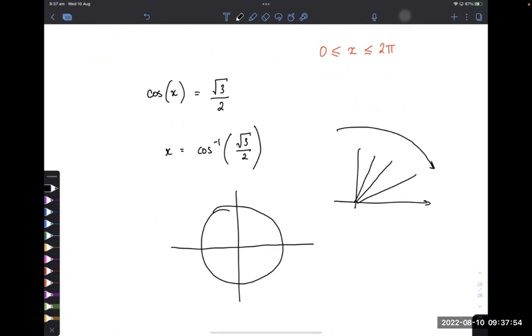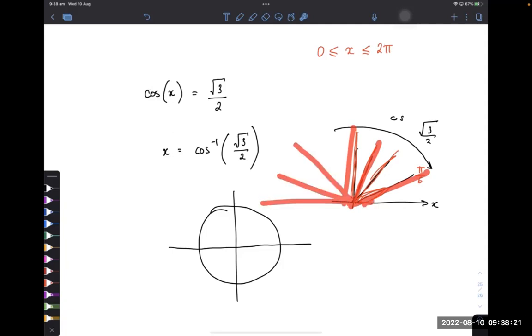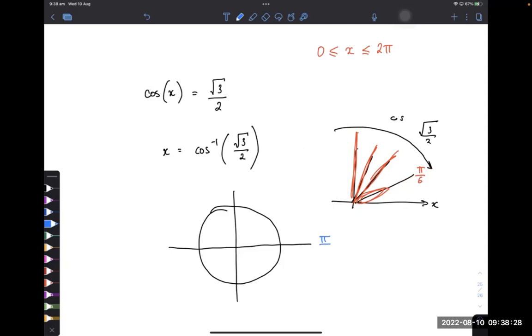So cos counts towards the x-axis. And I want √3 on 2. So I want to count 1, 2, 3 fingers. Which finger did I put down? This one, which is pi on 6. Yes, 6. 1, 2, 3, 4, 5, 6. That's why this one's pi on 6. That is correct. Cos inverse of √3 on 2 is pi on 6.